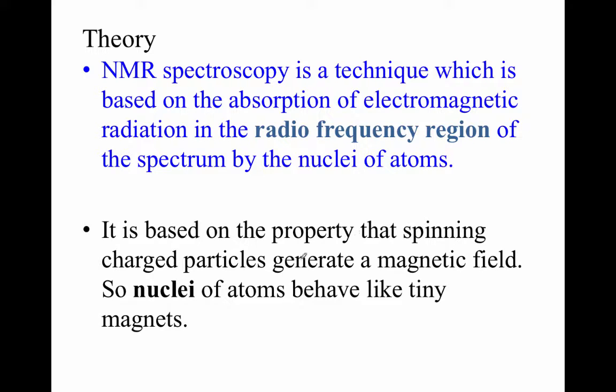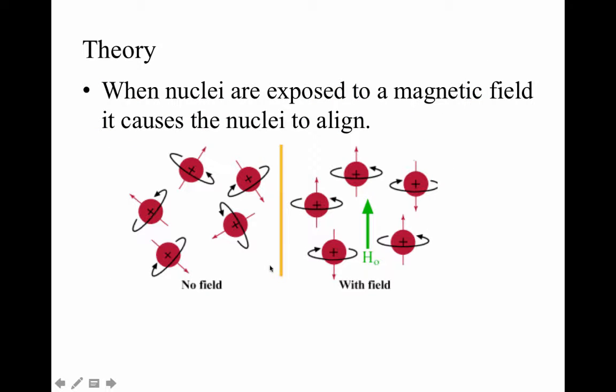It's based on the property that spinning charged particles generate a magnetic field. Nuclei of atoms behave like tiny little magnets. When there is no magnetic field, they're all randomly spinning. When they're exposed to a magnetic field, they line up in the direction of that field.